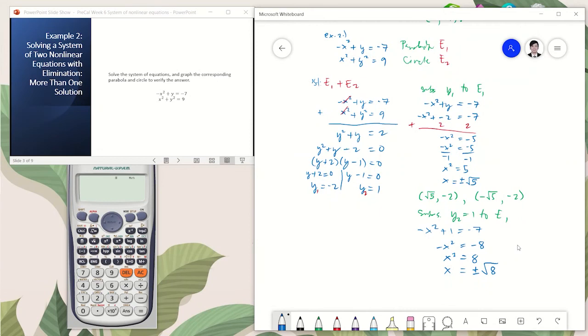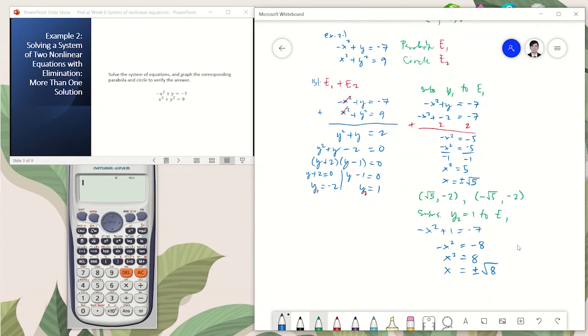Just a reminder, we're talking about a real situation in that case, which is about length, and length can only be positive. So it's okay to disregard the negative because there's no such thing as negative distance. In here, we're not talking about any application, so you really have to show both the positive square root of 8 and the negative square root of 8.